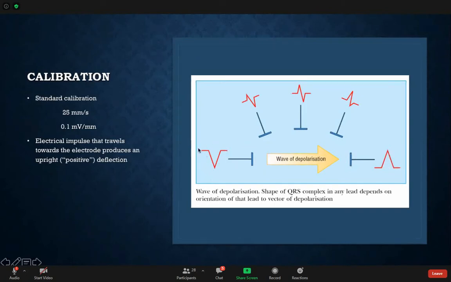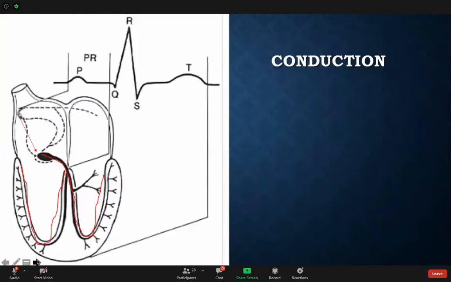If your electrode is here, the wave, or electrical impulse, is going away from the electrode, so it's going to have a negative deflection. This is when it comes perpendicular, so the R is exactly the same as the S. I'm going to explain this a little bit more next.